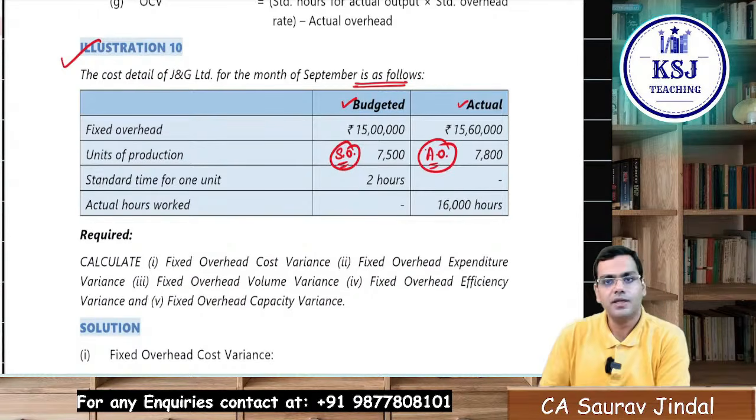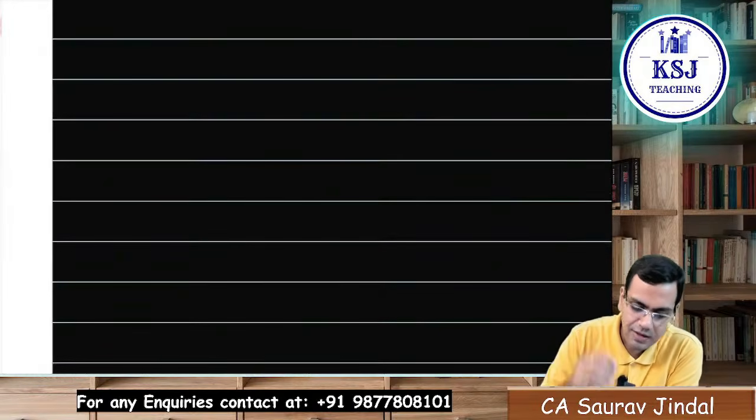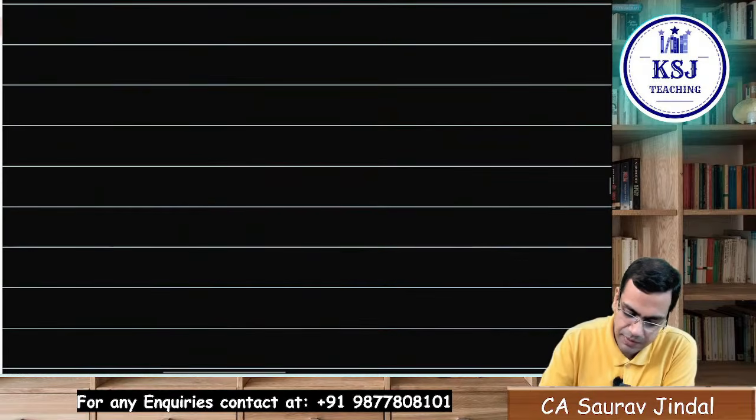Let's prepare the table. Very simple table, sir. In case of fixed overhead variances, how we will prepare the table, sir? Standard hours for actual output, standard rate, standard cost, right? Actual hours, actual rate, actual cost.